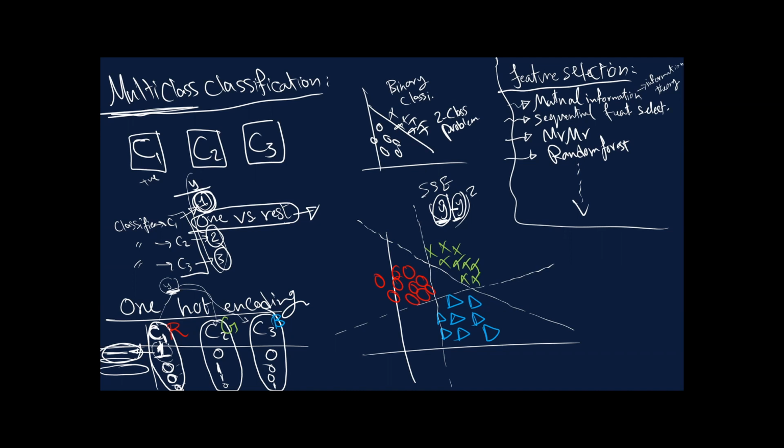If our predicted value is like 0.8 here, 0.1 in this classifier and 0.1 for this classifier, then we would say that our unseen sample should be red because it's very close to this one. So we basically take the maximum of the three output values of the three classifiers.